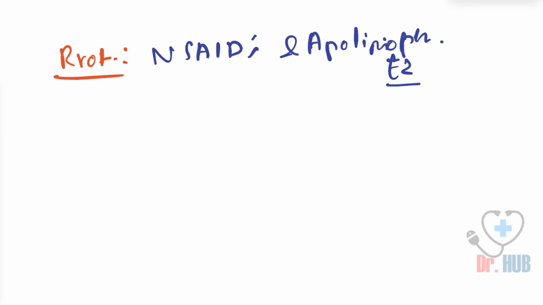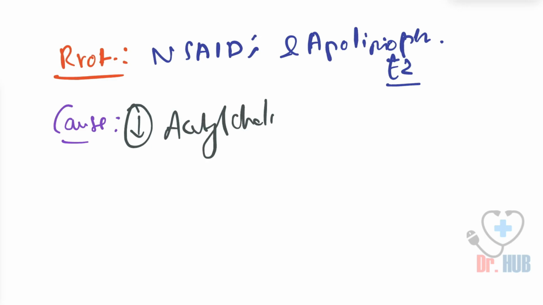Then we look at the causes. What are the causes of this? It includes a decrease in acetylcholine, and it causes depletion of the cholinergic neurons.